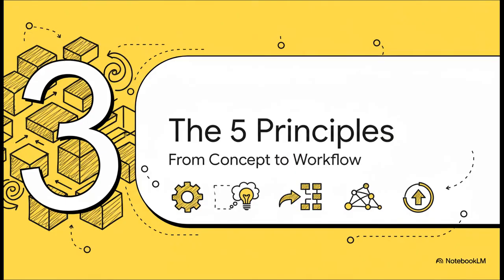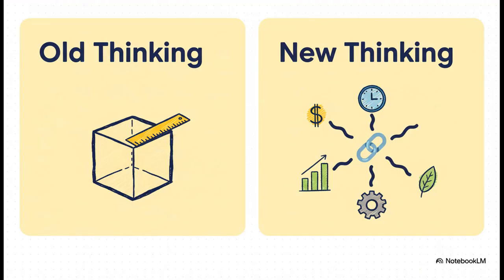So you might be asking, how does this actually work? Well, it's built on 5 core principles. Let's dive into the most important ones right now. Okay, first, and this is the most important one, we have to completely redefine what a parameter is. The old way of thinking is that parameters are just for dimensions. The new way says a parameter can be any data type you can think of, a material grade, an efficiency target, a product quantity, you name it.